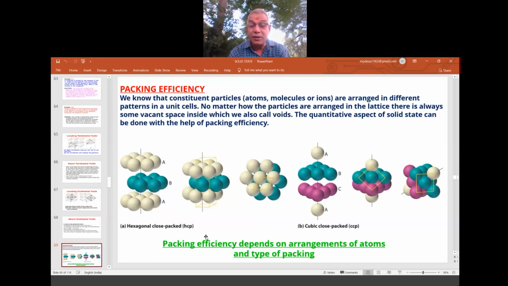So packing efficiency depends on the arrangement of atoms and the type of packing, whether it is CCP packing or SCP, in what angle, in what direction they are closely packing, that also matters. Okay. So it is the nature of packing and arrangement of the particles. So together they will pack, and ultimately some gaps are created. Excluding the gap, that is called the packing area. Okay.